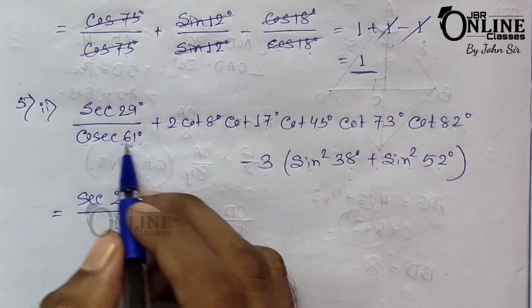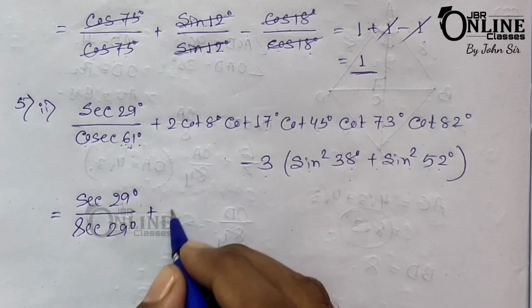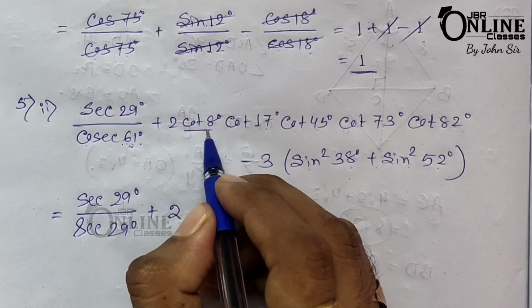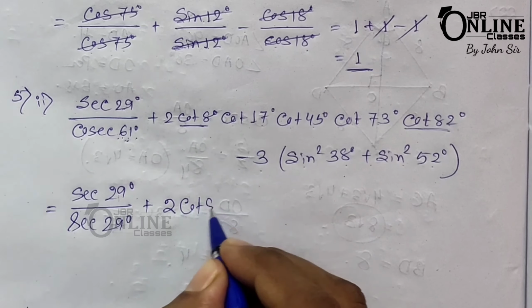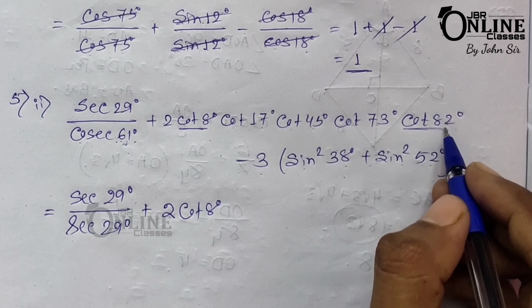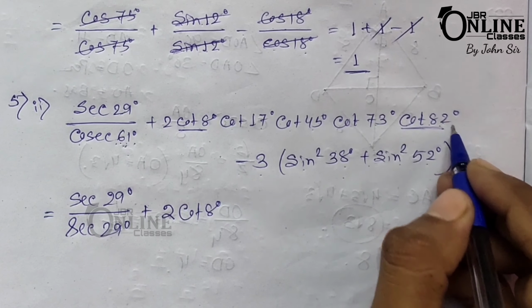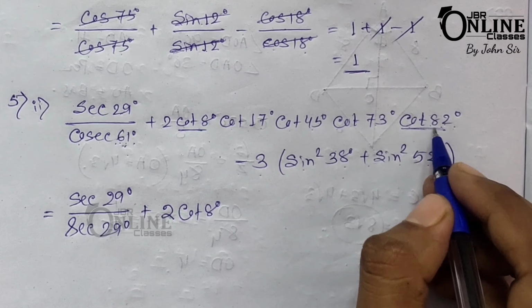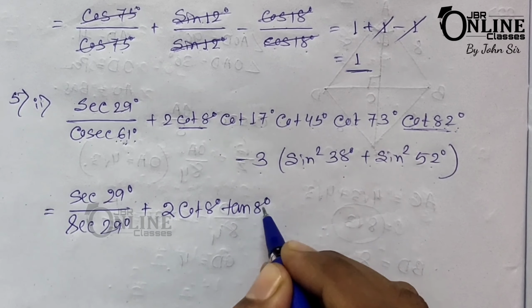So cosec(90 degree − 29) becomes sec 29. So here 2. Now cot 8, and here cot 82. So first write down cot 8 degree, and instead of cot 82 you can use cot(90 degree − 8), and that becomes tan 8.